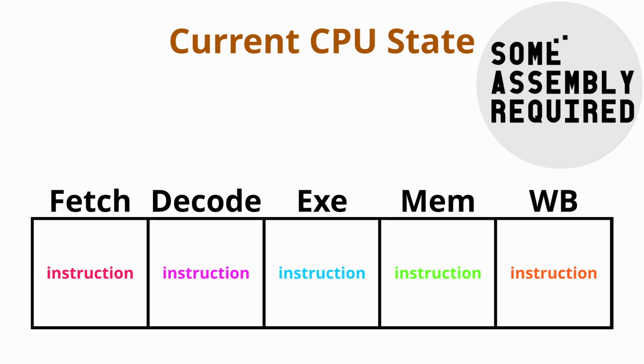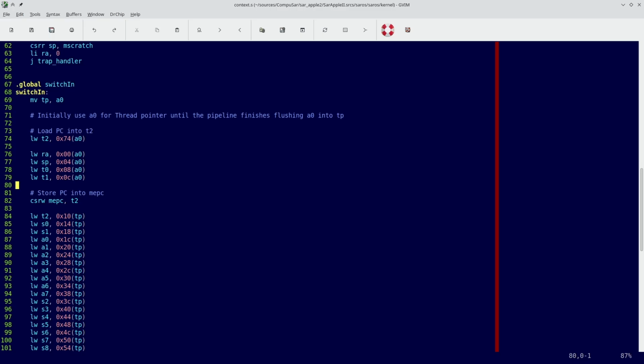The second oddity you may have noticed about the switchIn function has to do with the PC. In particular, we load it early, but we don't load it into the PC. We load it into register T2. Here's the thing about the PC register. Unlike the rest of them, the PC's value has an intrinsic meaning. In particular, it tells the CPU where to execute code from.